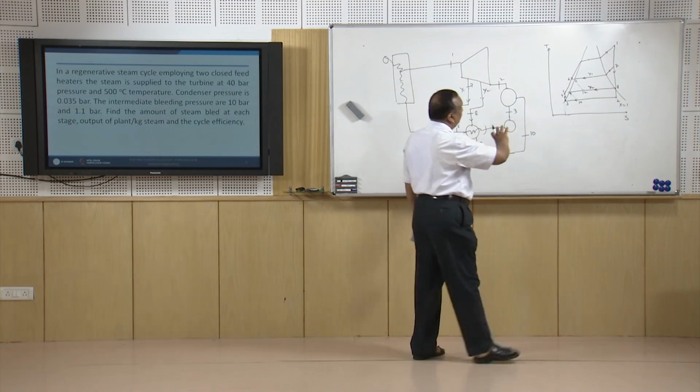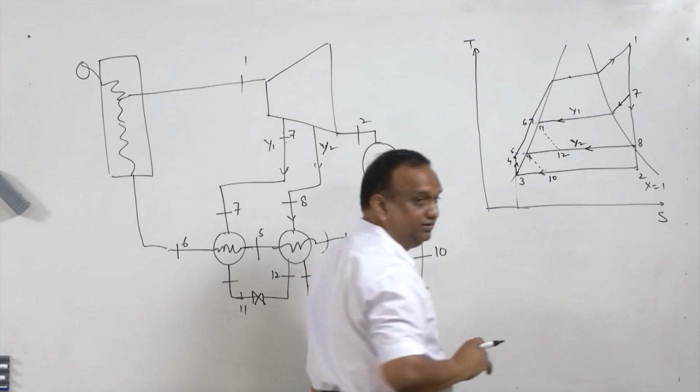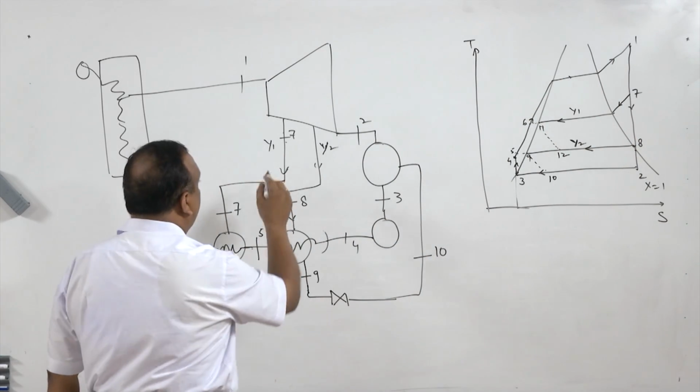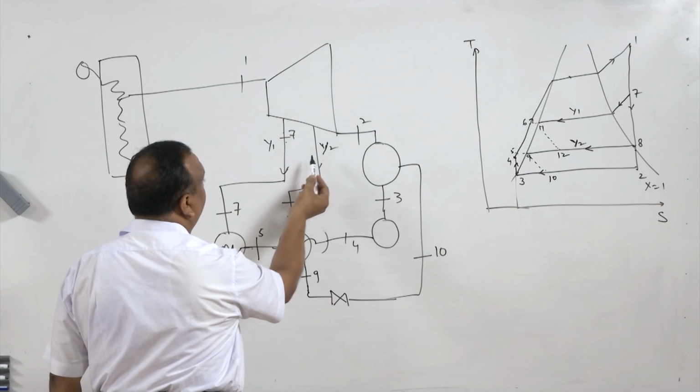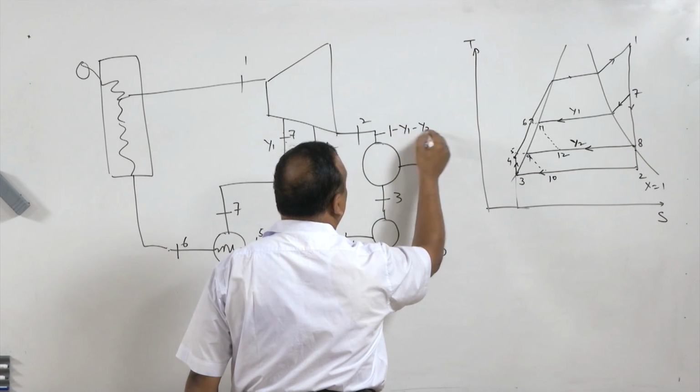Now, in this arrangement, let us look at the mass flow rate. Y1 has been tapped from here, Y2 has been tapped from here. So, what remains is only 1 minus Y1 minus Y2.